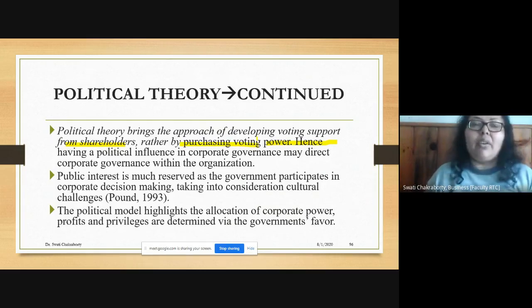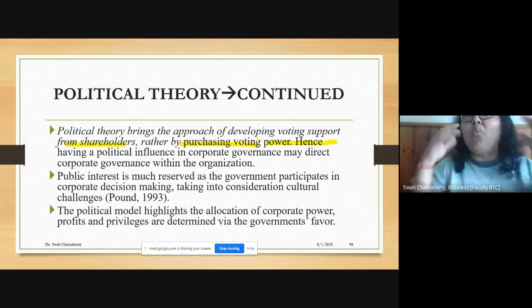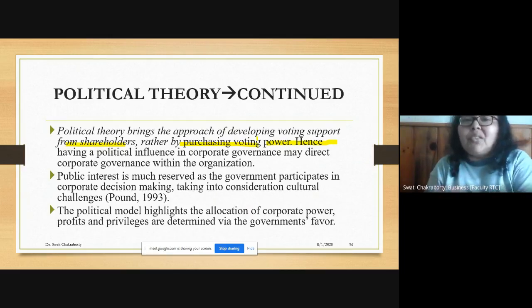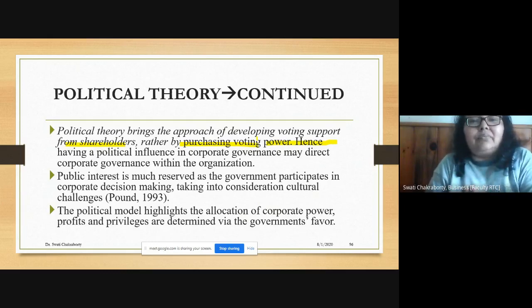So in every organization, when the elections of directors happen or some major decision the company wants to take, voting should be there, and the shareholders should be free to give their opinion, whether they're against it or for it, rather than being forced. That's what political theory says. Do not force, do not influence your shareholders. They should be allowed to freely decide, make their decision.